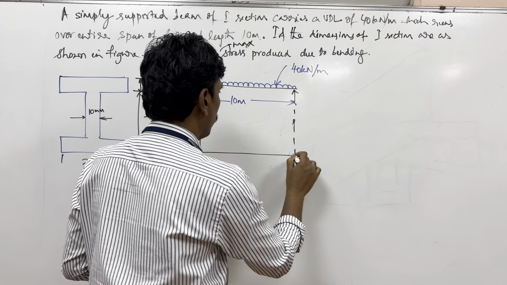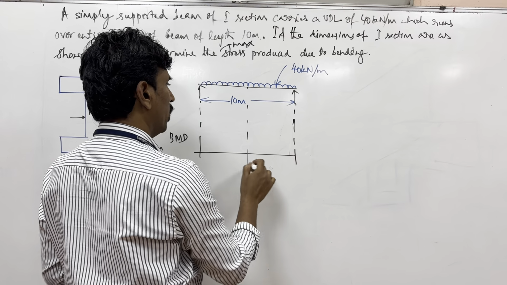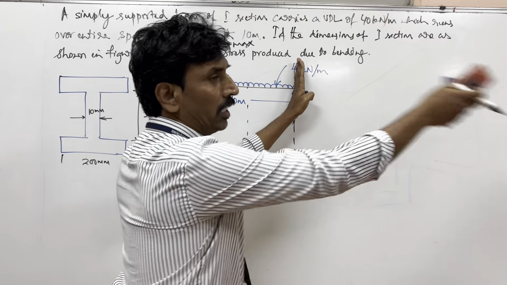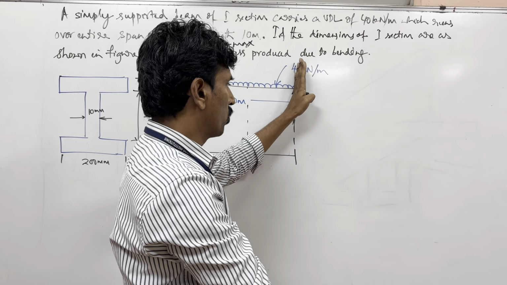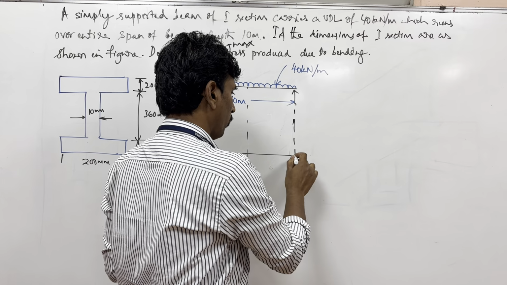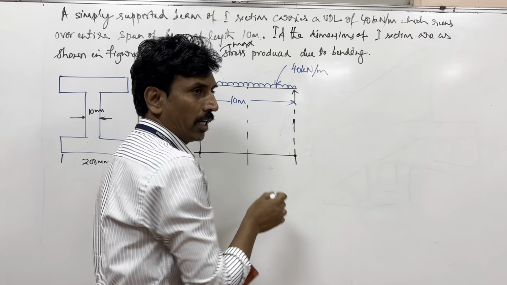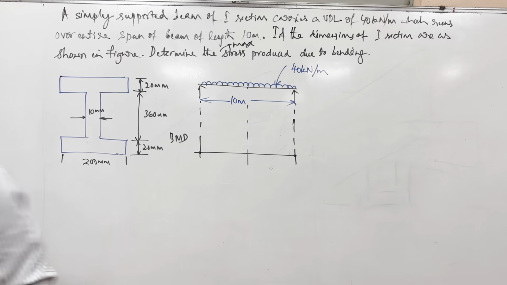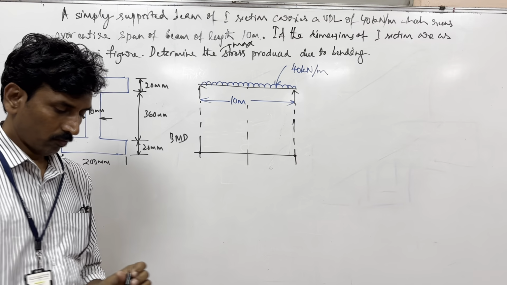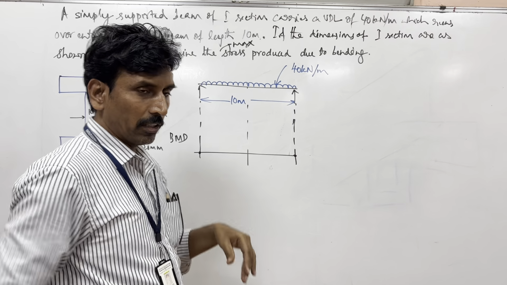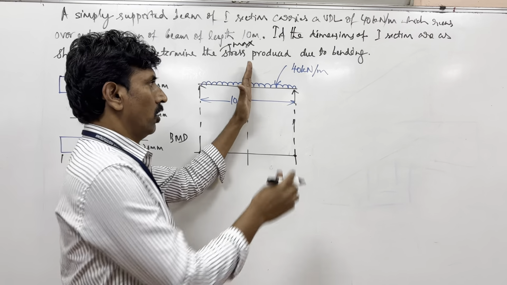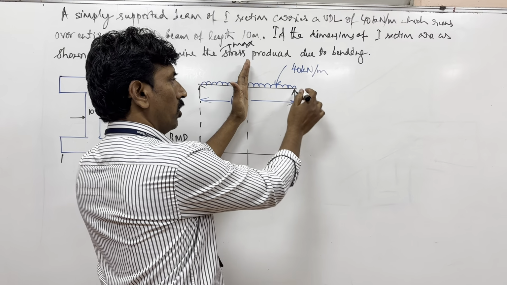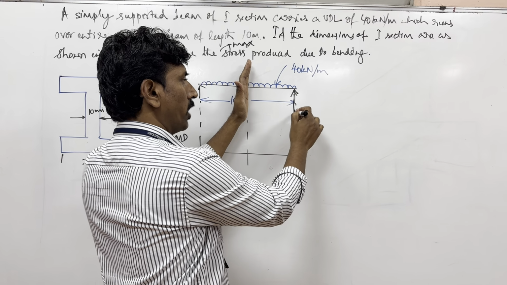the bending moment diagram will look like this. Here you know that the bending moment on the right hand side is 0 because there are no forces, no moments. And the bending moment on this side is 0. And how much is the bending moment at the center? Now the reaction is how much?